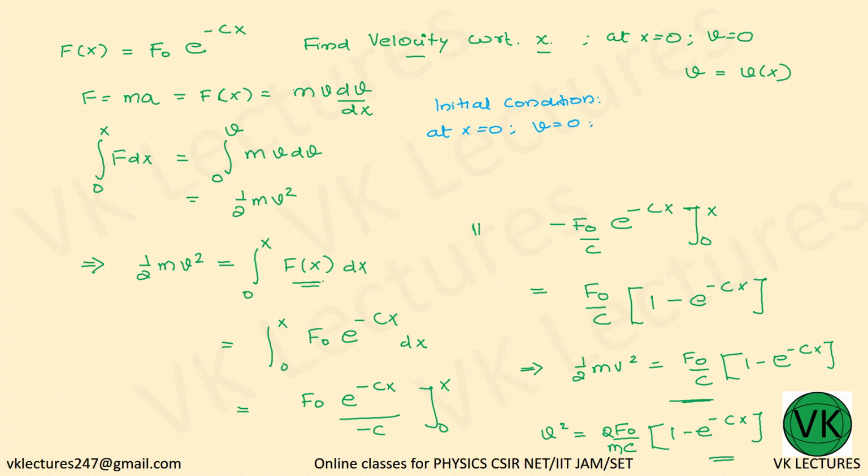So put x equal to 0 here. So e to the power minus cx is 0, so v is equal to 0, because 1 minus 1 gives you 0.